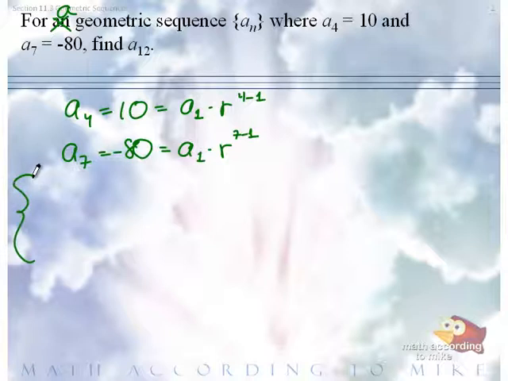So our variables are a sub 1 and r. That's what we're trying to search for. Our first equation with those variables on the left would be a sub 1 times r cubed is 10. And then a sub 1 times r to the 6th is negative 80.